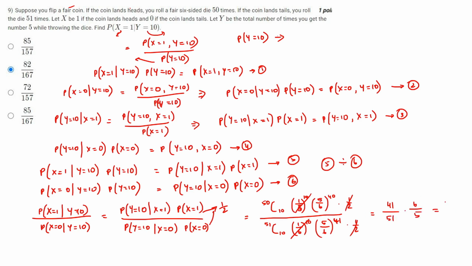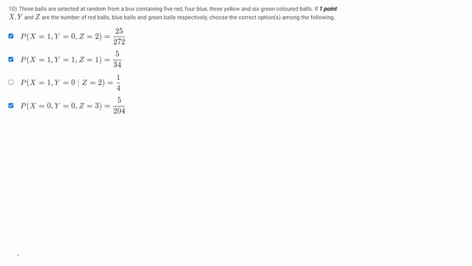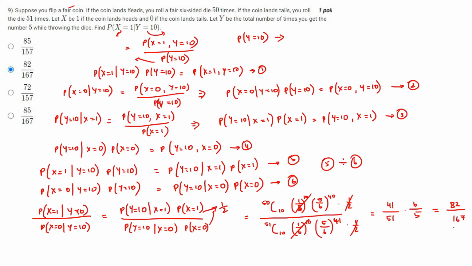Upon simplifying, we'll get 82 divided by... sorry, this is not 82 divided by 167, this is 82 by 85, right?